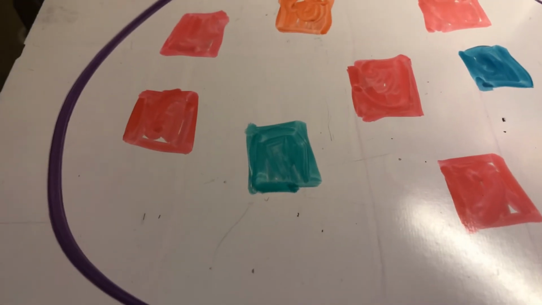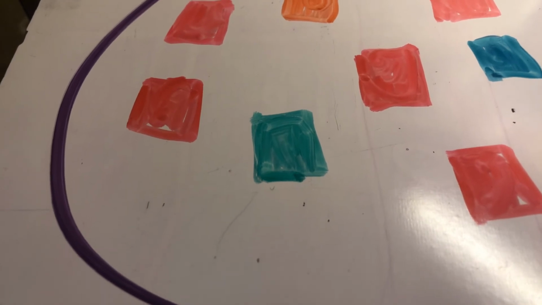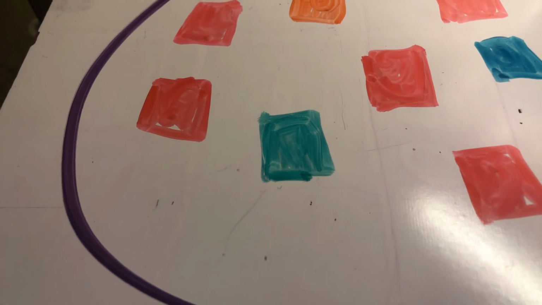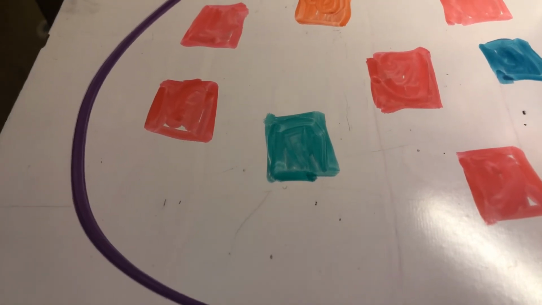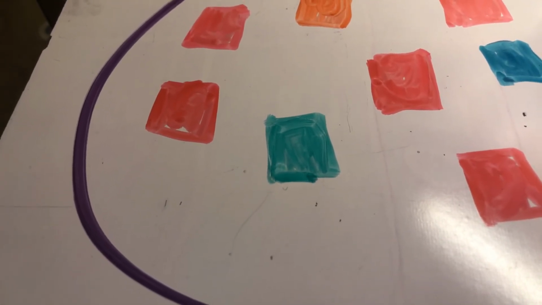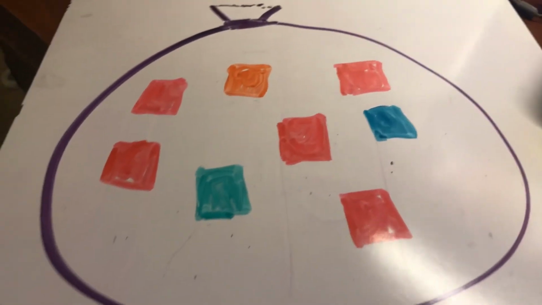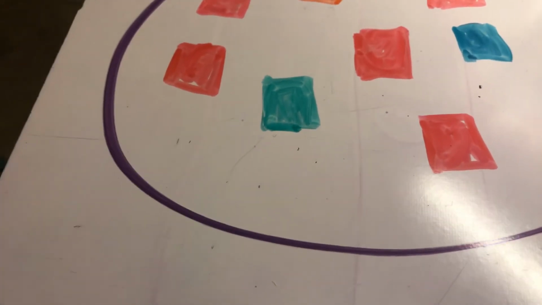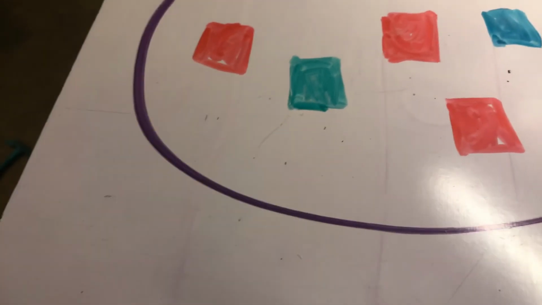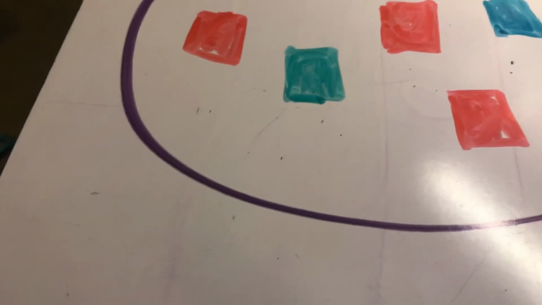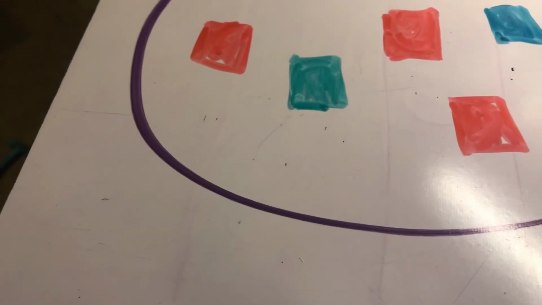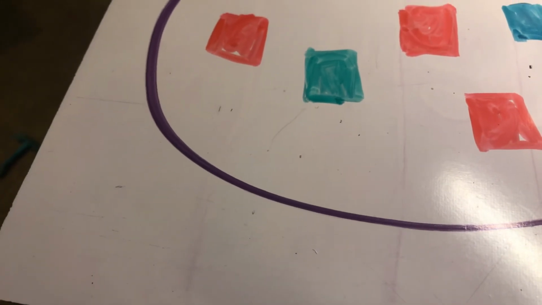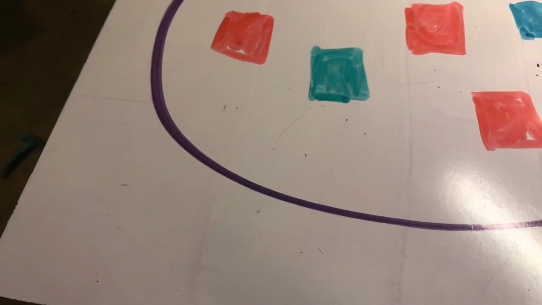So since there are more red tiles than any of the other colors combined, you can predict that you're more likely to pick a red tile. Just because there's more of them there, your hand is more likely to land on one of the ones that had 5 of that color rather than any of the others. The orange only has 1, the green only has 1, the blue only has 1. But there are 5 red tiles in there.